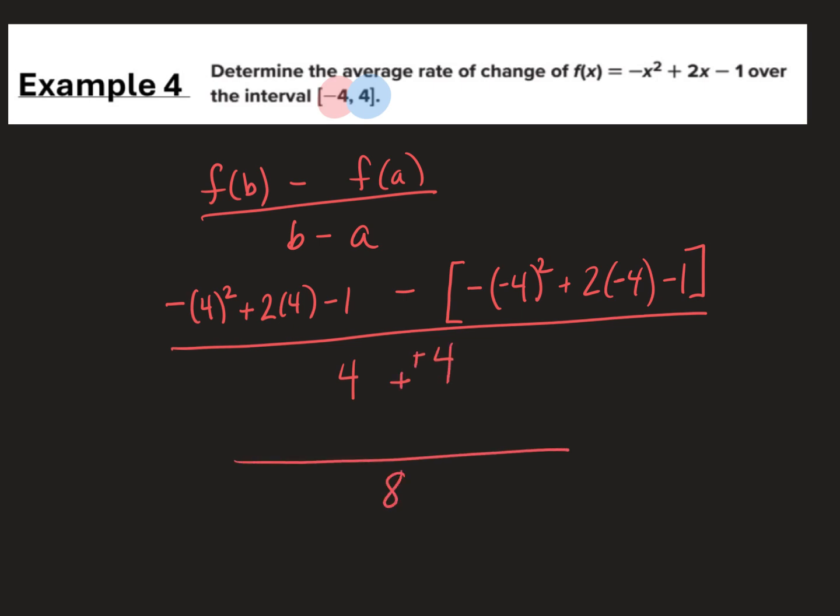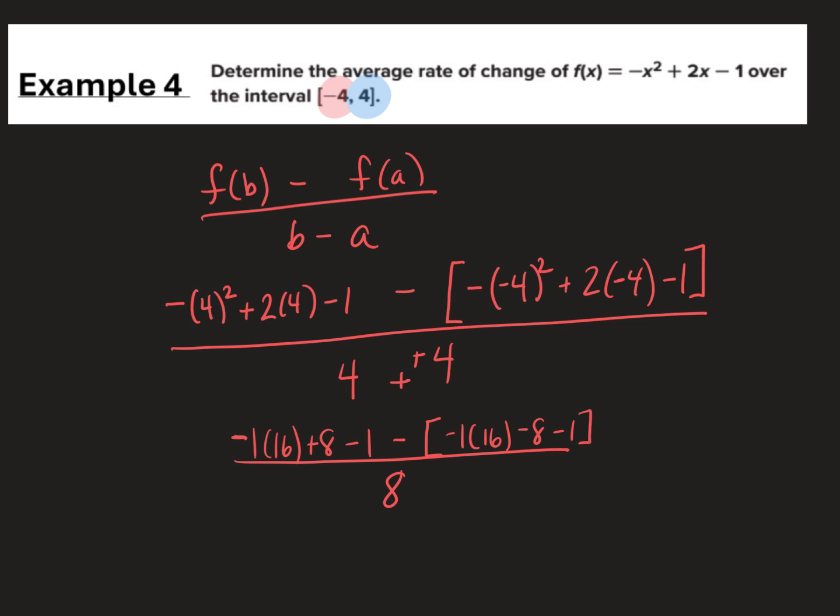Okay, so I'm going to simplify. Negative on the outside, and then I'm going to put negative 1 times 16 plus 2 times 4 is 8 minus 1 minus, I'm going to keep my bracket for now, negative 1 times negative 4 squared is positive 16. 2 times negative 4 is negative 8 minus 1.